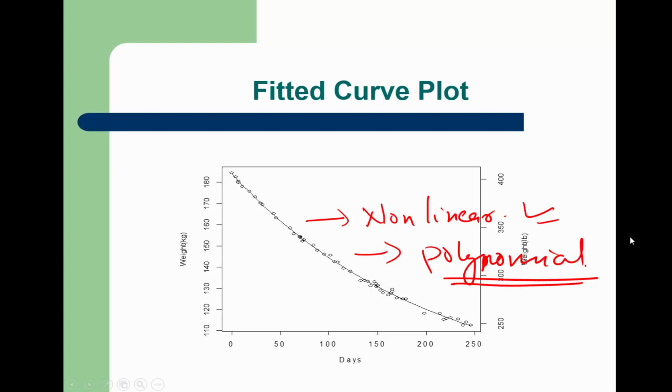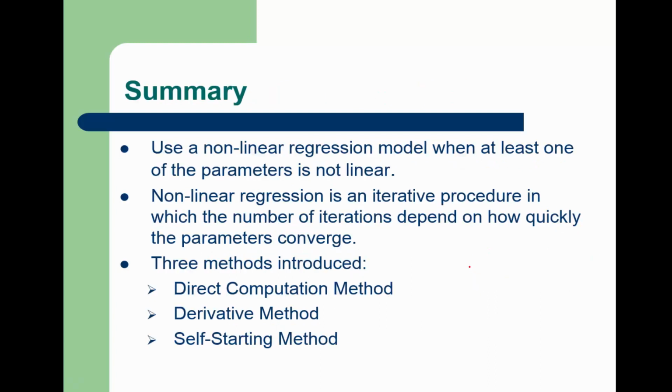If the parameters are linear and it's just the variables which are of nonlinear forms, which can also fit a distribution like this, it is not nonlinear regression. It is rather said to be a polynomial one. So it's important to understand the difference between nonlinear and polynomial regressions.